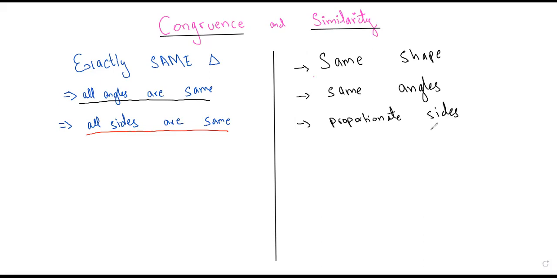All right. Now here I'll make two triangles. This is a triangle and this is another triangle.